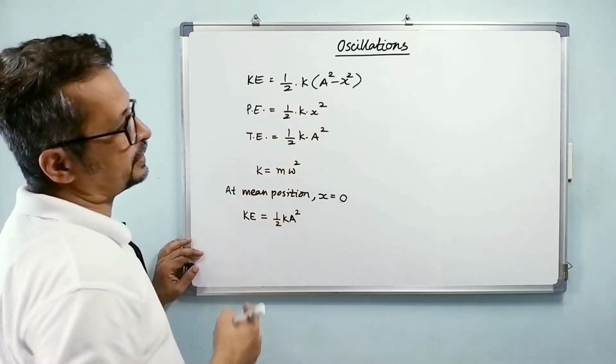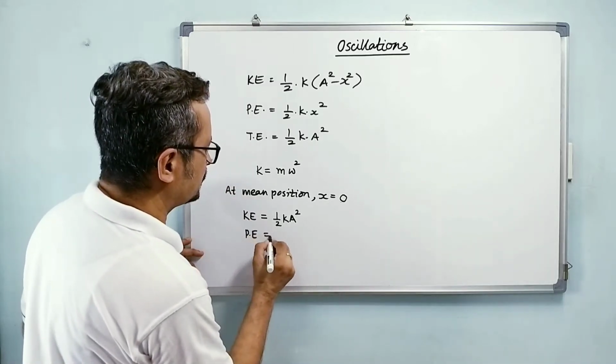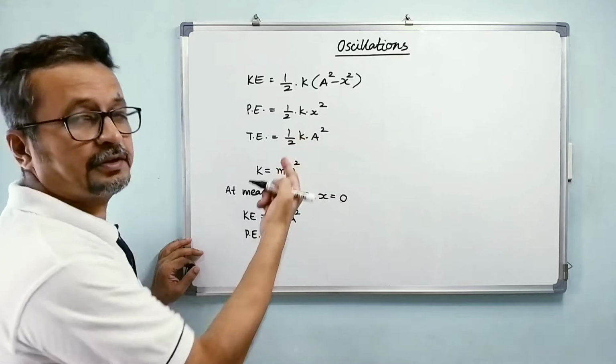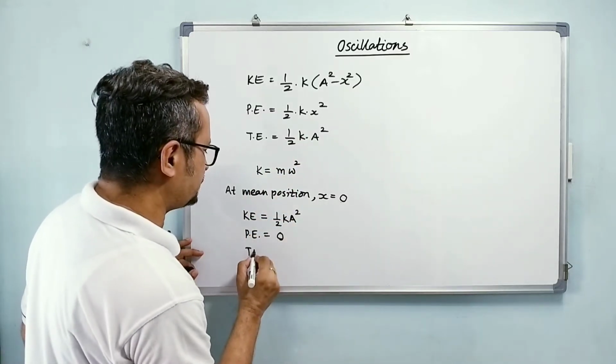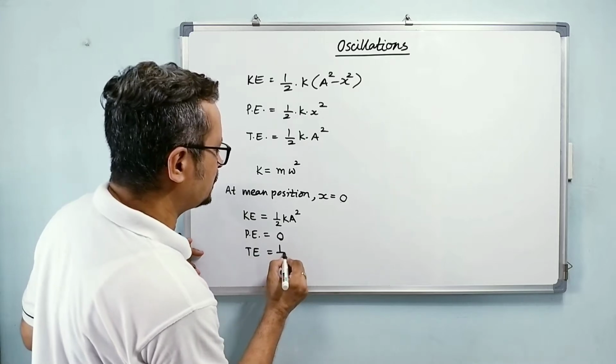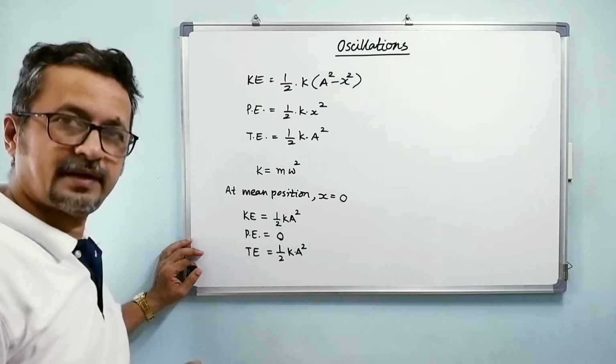Potential energy is obviously equal to 0, and total energy is equal to half k a square.